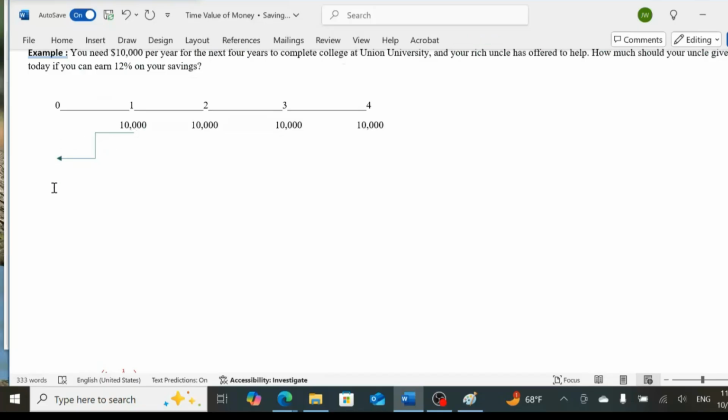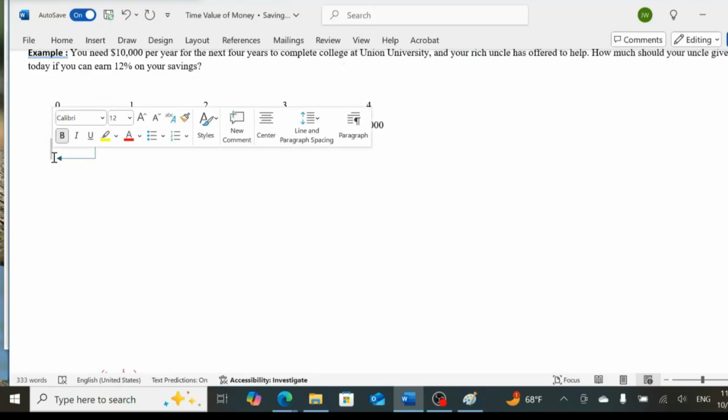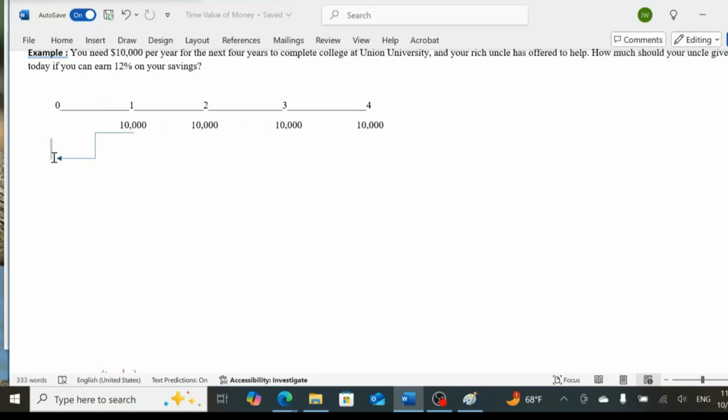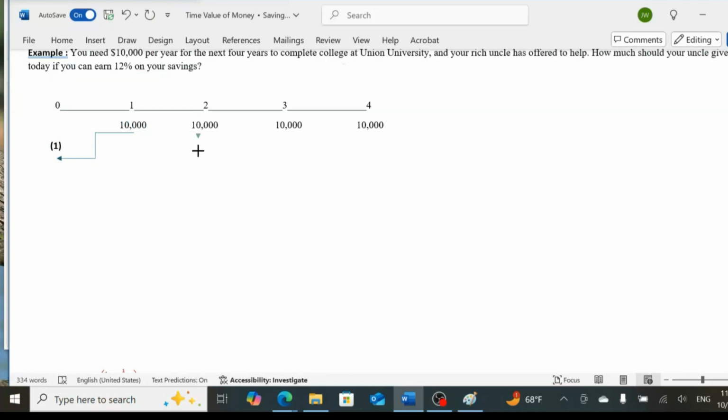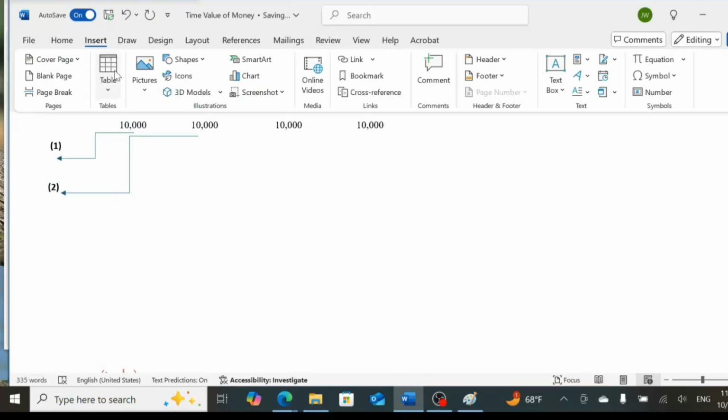Instead of one big check, let's say the uncle is going to write you four checks. The first one, you put in a 1 year CD, make sure it will grow to $10,000 after a year. The second check you put in a 2 year CD, make sure it will grow to $10,000 in year 2.